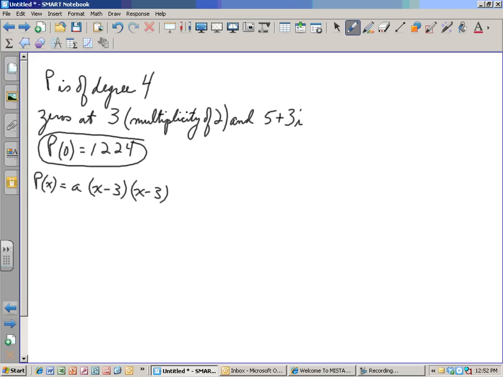When it says multiplicity of 2, it just means that there's 2 zeros at 3. Michael, when I graph that, I'm going to get a W shape, but it's just going to touch at 3 and then go right back up or right back down. Right? We talked about that before, didn't we? All right. If we have a 0 at 3, then x minus 3 is a factor.